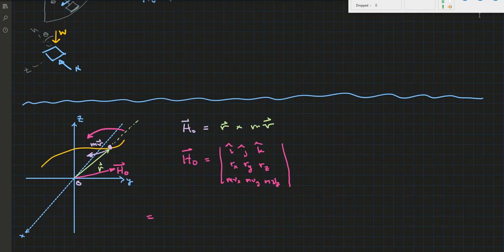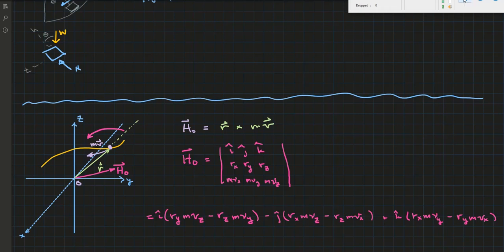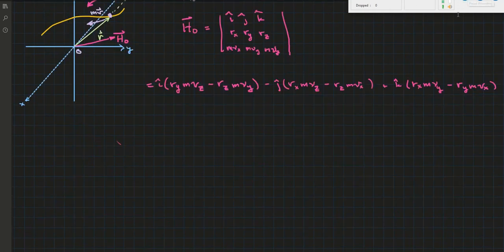So when we evaluate that, this is what you get when you evaluate that determinant. I think the quickest way to do that is to use a cofactor method, and I think I'll demonstrate that in an example here later. And then that is just our angular momentum about O.